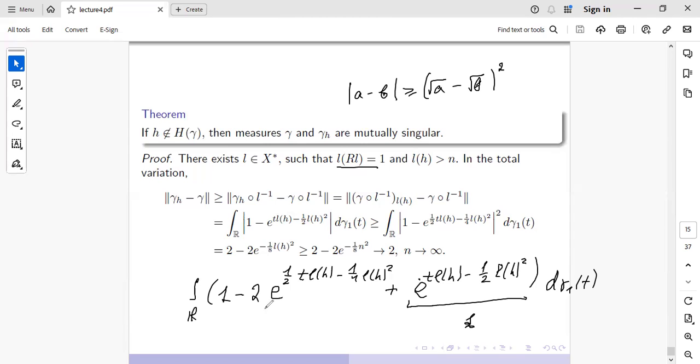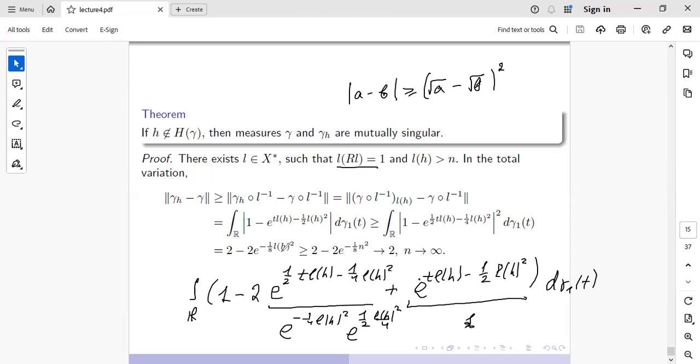And here, the integral of this exponent will give exponent minus 1/4 L(h) squared times exponent 1/2 of the square of the coefficient near t, so L(h) squared over 4, which will give exponent minus 1/8 L(h) squared.